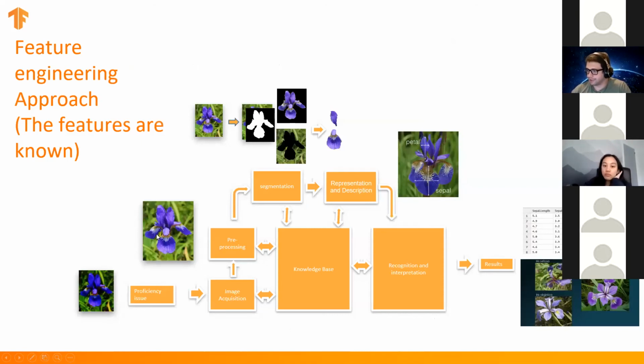Imagine that a company asks to develop an application that takes a picture of a flower and predicts the class of the flower. So we take the picture here, we apply some pre-processing in order to improve the picture, color, contrast, or any other kind of characteristics that we can improve. And then we segment the regions or areas where we're gonna mainly focus.